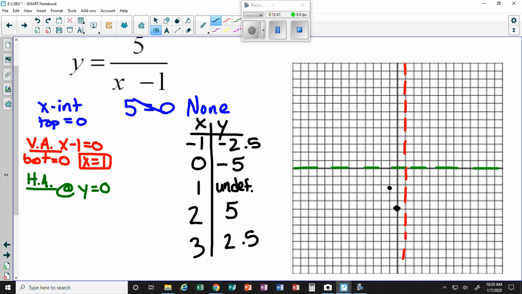So now, how do I sketch this? Follow those two asymptotes. It's a simple one.